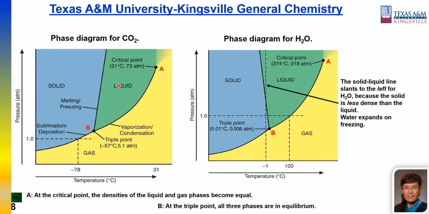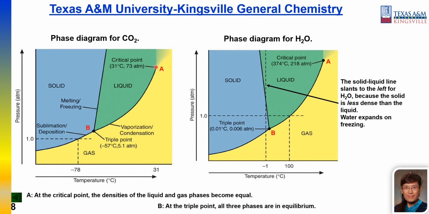And also between the liquid and the gas, you see another curved line. And then you also see a straight line between the solid and the liquid phase. This straight line has a positive slope. They have some meanings. And then you also see two points, point A and point B.